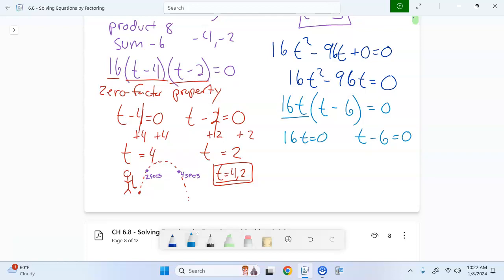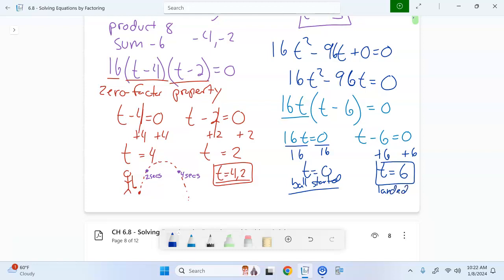When we solve both of those, divide by 16 or add 6, t equals 0 and t equals 6. Well, t equals 0 is where the ball started. Started on the ground at time equals 0. And then time equals 6 seconds. That's when the ball landed, which is where the ground is. So our final answer would just be time equals 6.